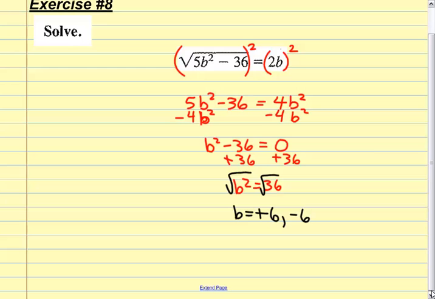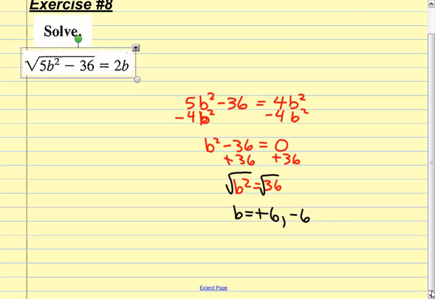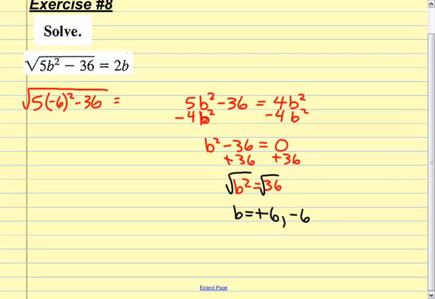And I'm going to check both of these in the original, all right, in the original problem up here. So I'm actually going to just move this over here to the side. So that's going to give me the square root of 5 times negative 6 squared minus 36 is equal to 2 times negative 6.